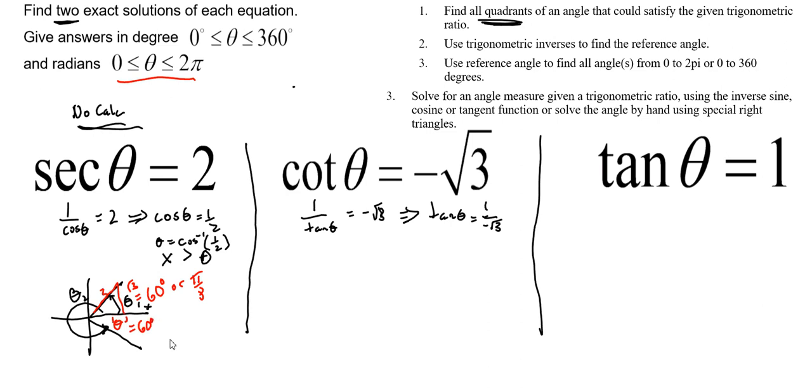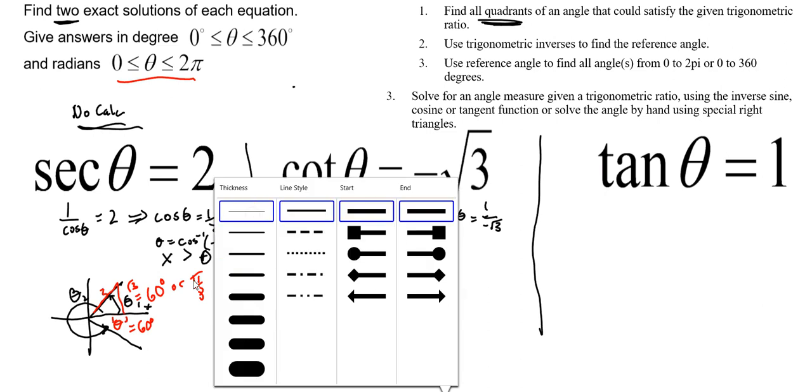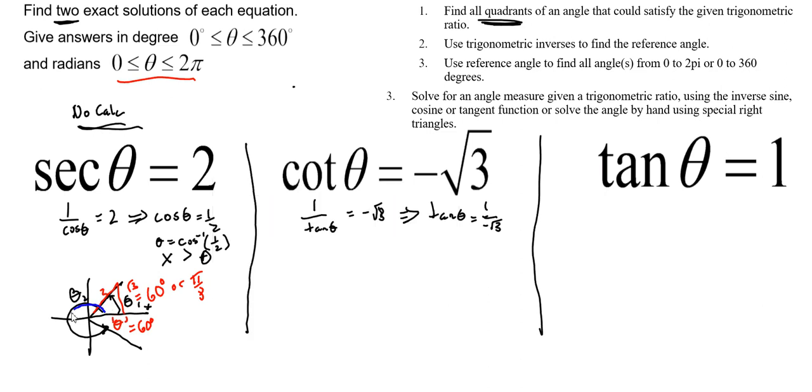Well, how do you find out this second angle? I'm going to put it in a different color so you can see it. The second angle starts here and goes almost all the way around, and we're just taking out this 60 degrees. So angle number 2 is really going to be 360 degrees minus the reference angle, which is 60. And so that's going to equal 300 degrees.